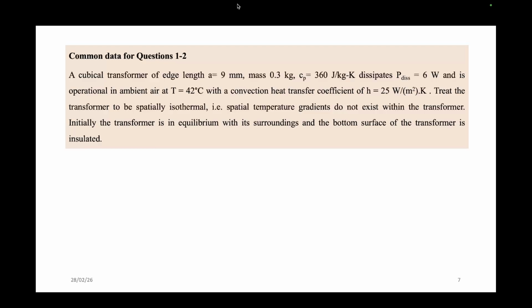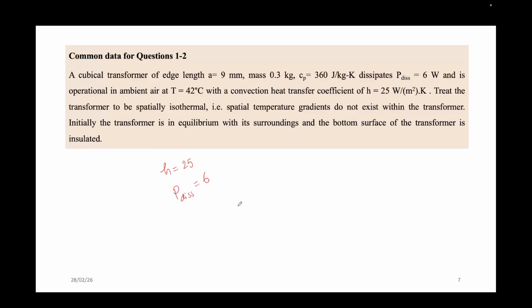Why? Because just remember one thing. h is given, which is 25. I'm not writing the unit. P dissipation, that is basically your Q, is given as 6 watt. Already the unit is in watt.